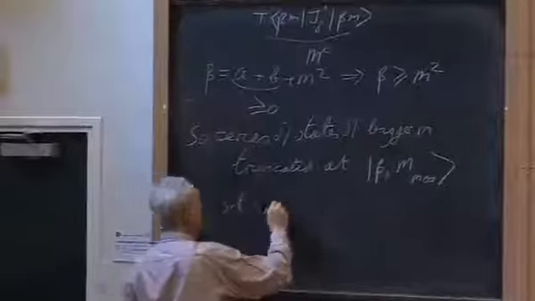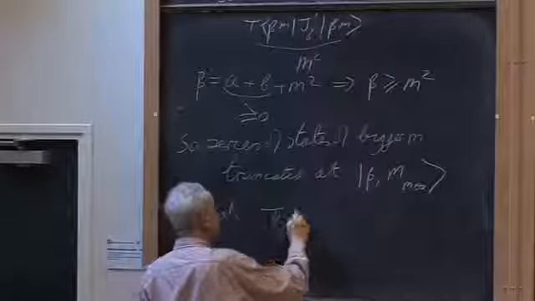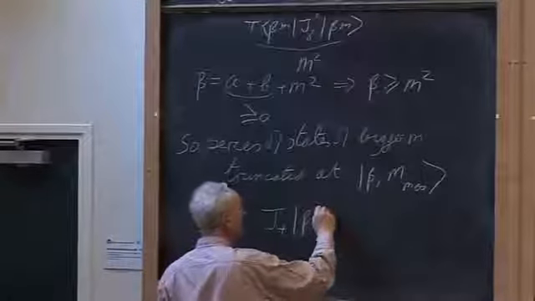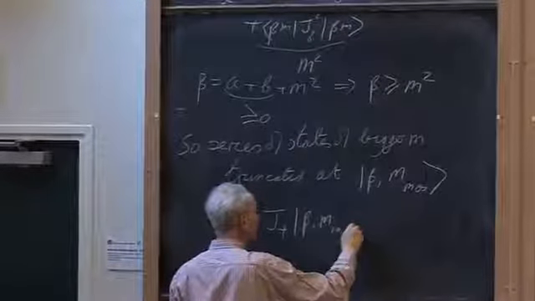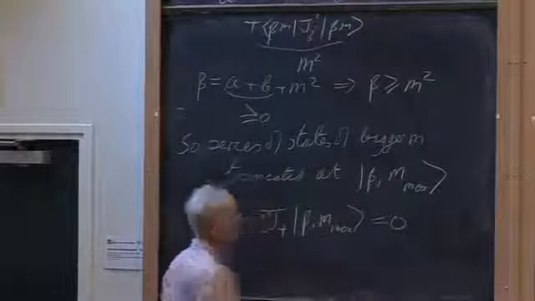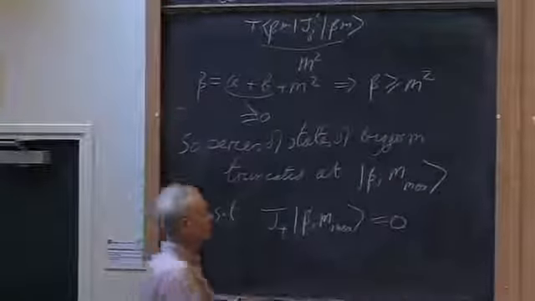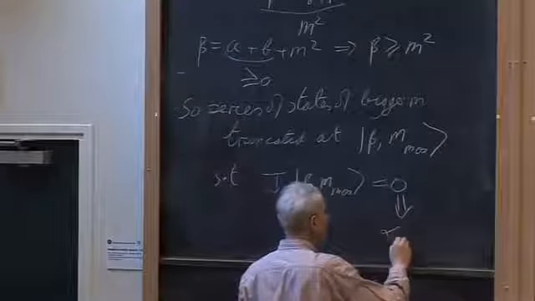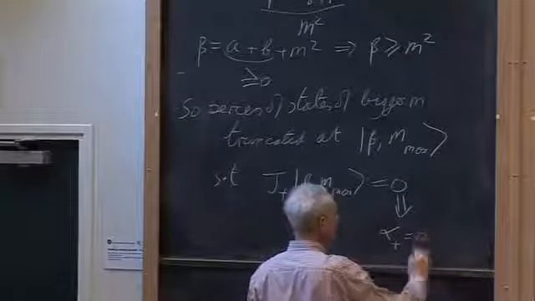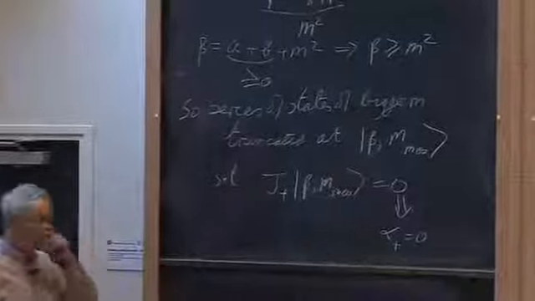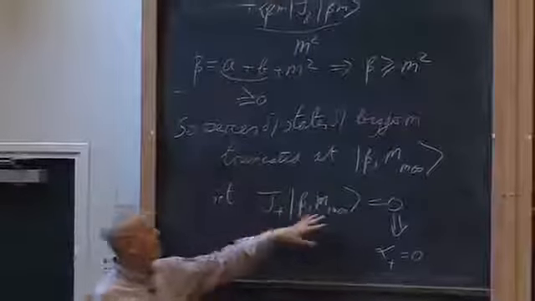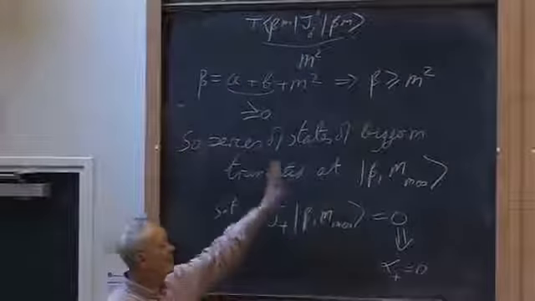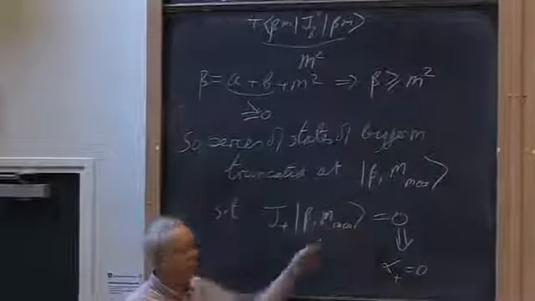It happens because when we use j plus on this state, we get exactly nothing. So what does this mean? This implies that alpha plus equals 0 in this particular case. That's the only way we can be stopped from making states of bigger and bigger m, and it's clear we have to be stopped, so we are stopped in this way.